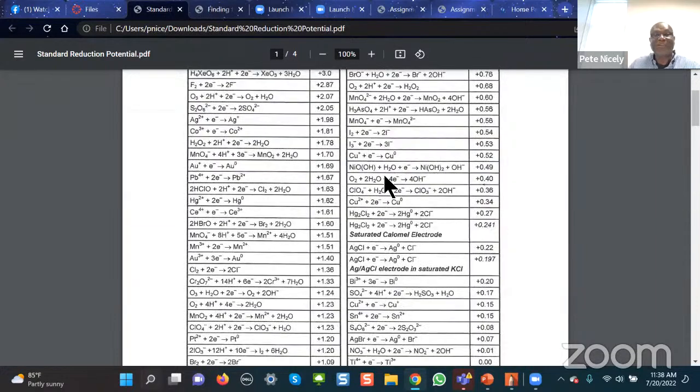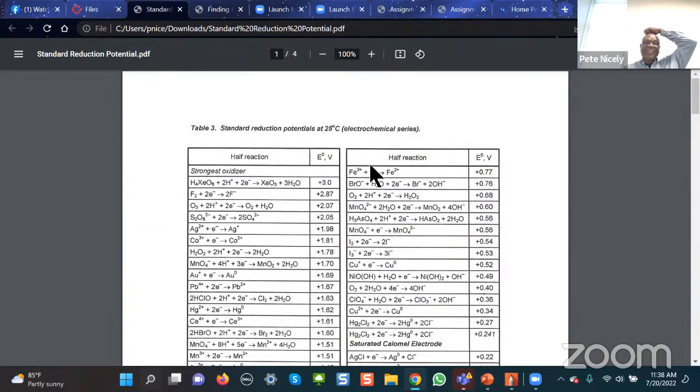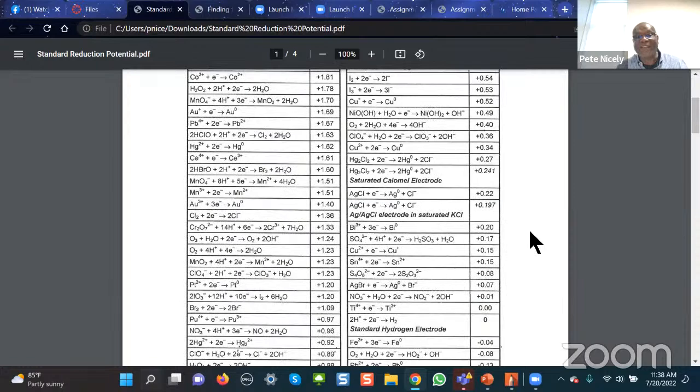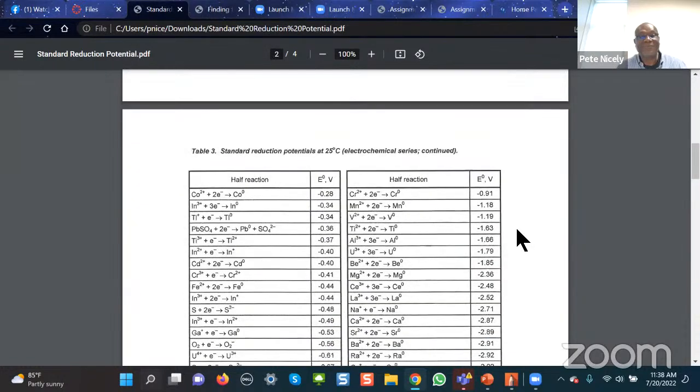So the first table gives you the standard reduction potentials in terms of their values, starting from the highest to the lowest. And then down here, they gave the same thing, but in alphabetical order in terms of the substances involved in the reaction. So they both contain the same values, but they have different arrangements. The first one in terms of the magnitude of the electrode potentials, and the second one in terms of the alphabetical order of the substance undergoing reduction.